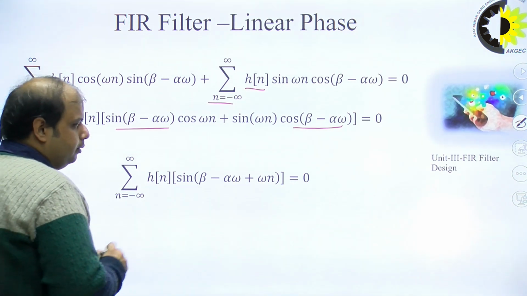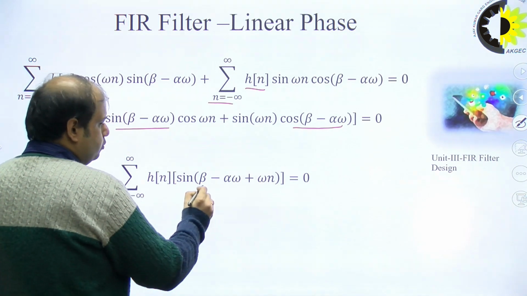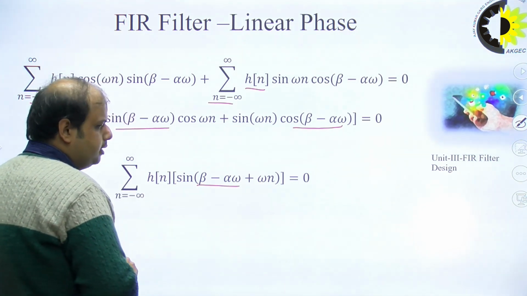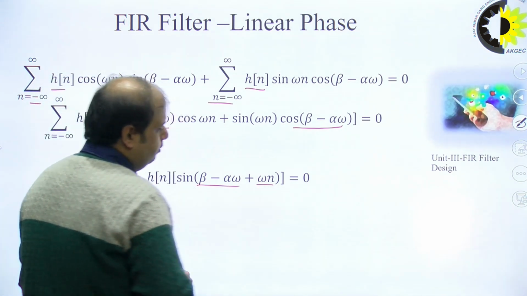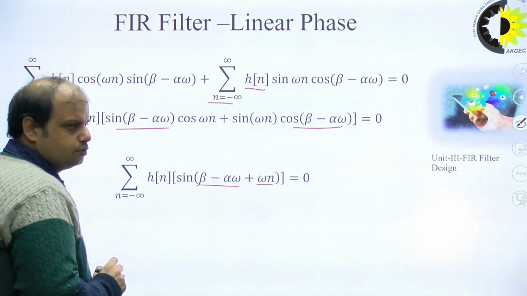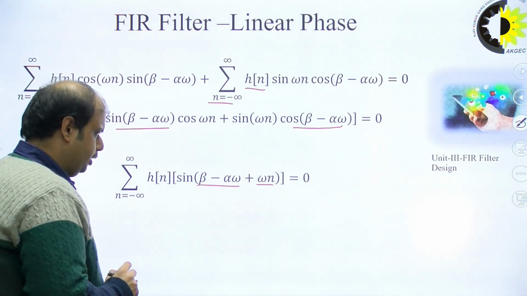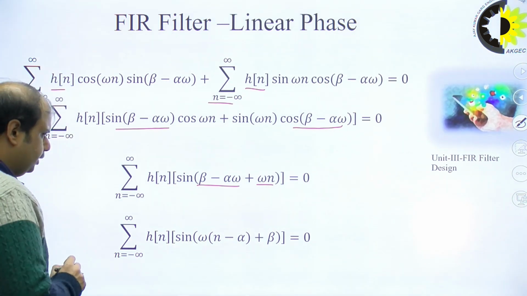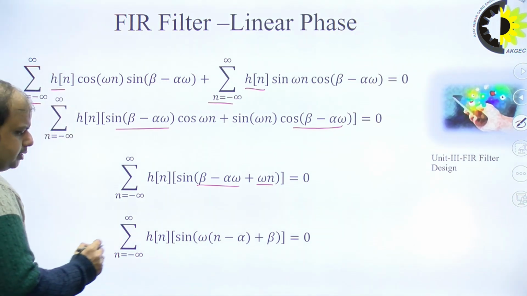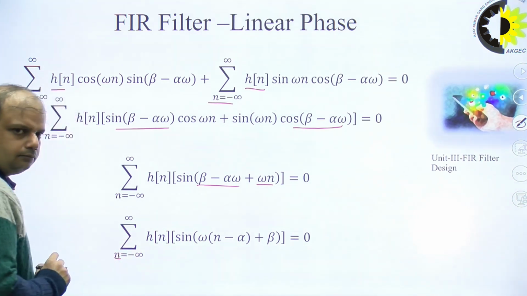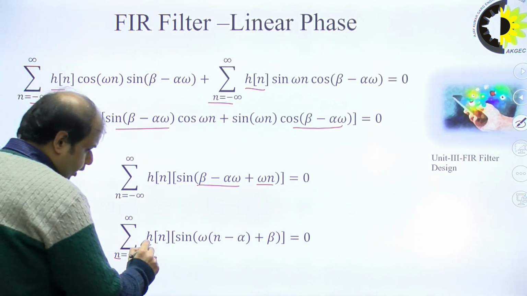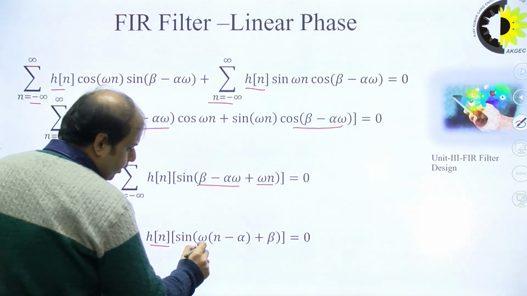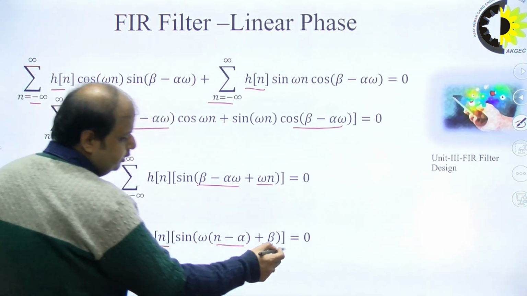The first angle is beta minus alpha omega, the second is omega n, and the sum is taken. Taking omega common and rewriting it, the condition that we are establishing is that the summation over all values of n of h of n multiplied by sine of omega times n minus alpha plus beta is equal to 0.